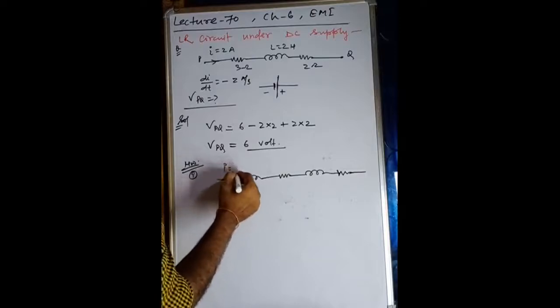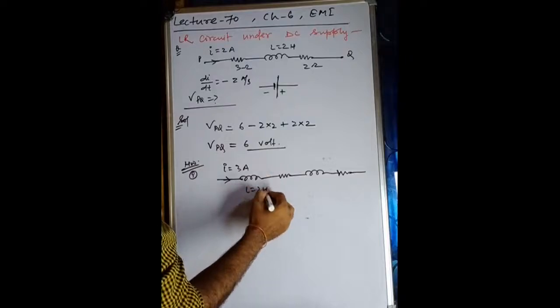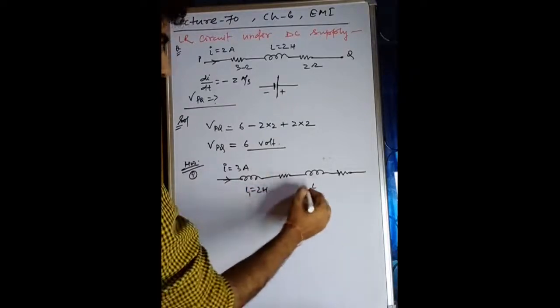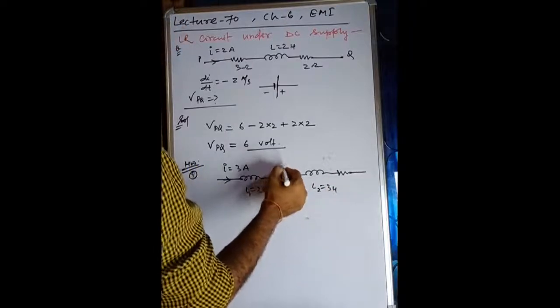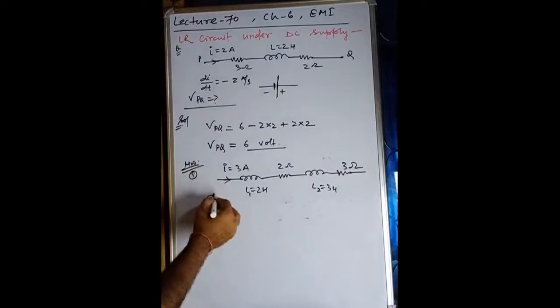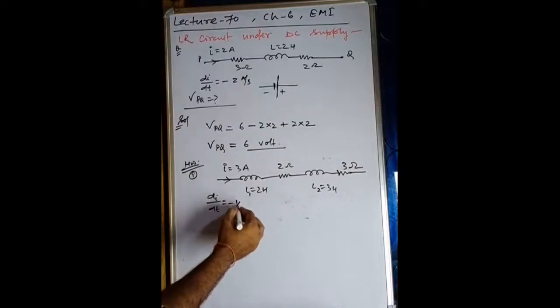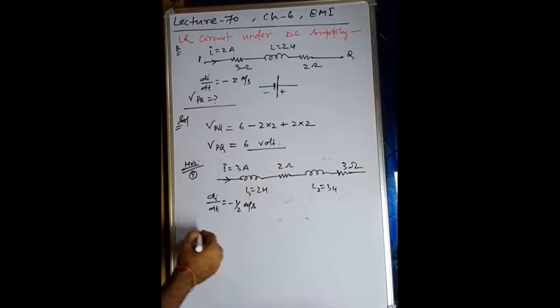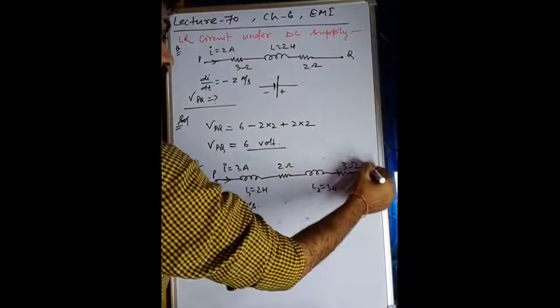I is 3 ampere, L is 2 Henry, L1, L2 it is 3 Henry, here the 2 ohm, 3 ohm, and di by dt it is minus 1 by 2 ampere per second. You have to find VPQ again.